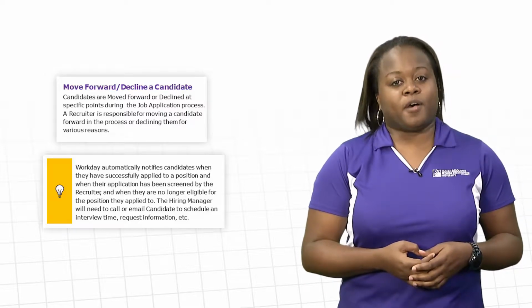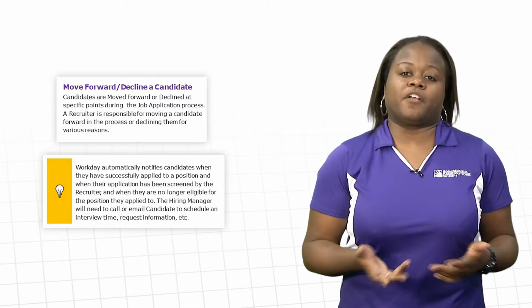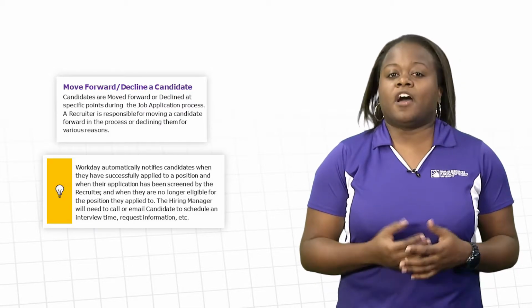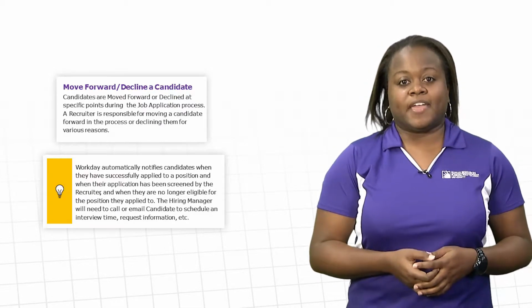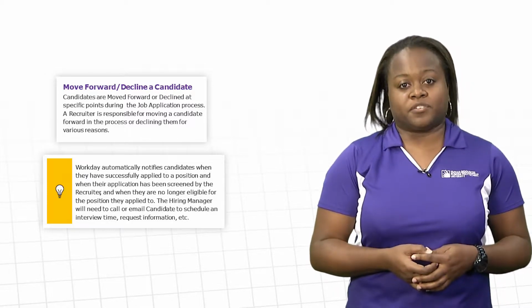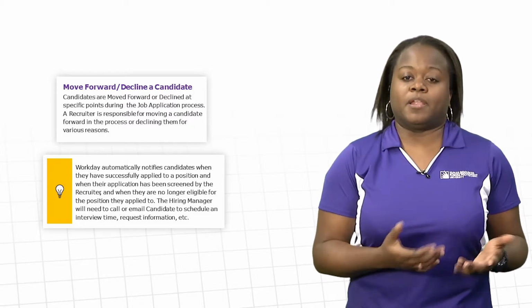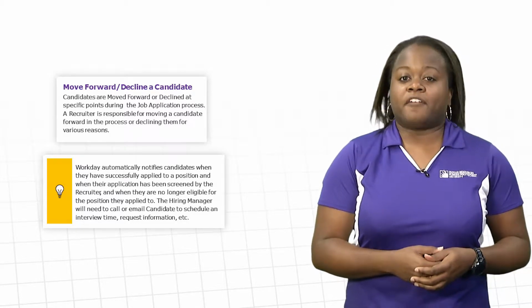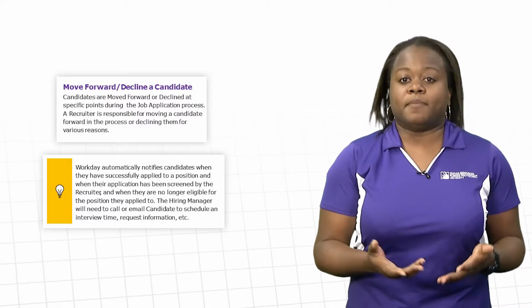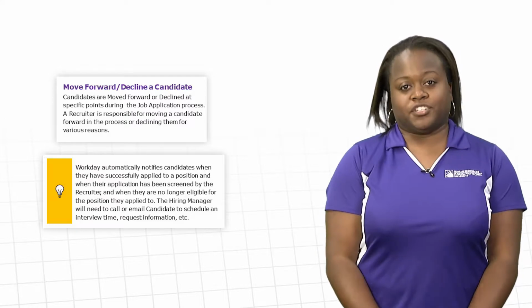A recruiter is responsible for moving a candidate forward in the process or declining them for various reasons. Workday automatically notifies candidates when they have successfully applied to a position, when their application has been screened by the recruiter, and when they are no longer eligible for the position they applied to. The hiring manager will need to call or email the candidate to schedule an interview time or request additional information.